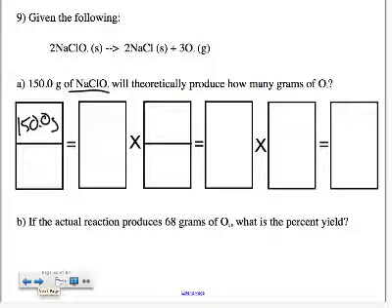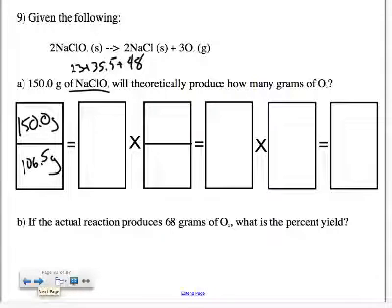The mass of that is going to be 23 plus 35.5 plus 48. 48 plus 35.5 plus 23 is 106.5 grams. So 150 divided by 106.5 is 1.408 moles of sodium chlorate.